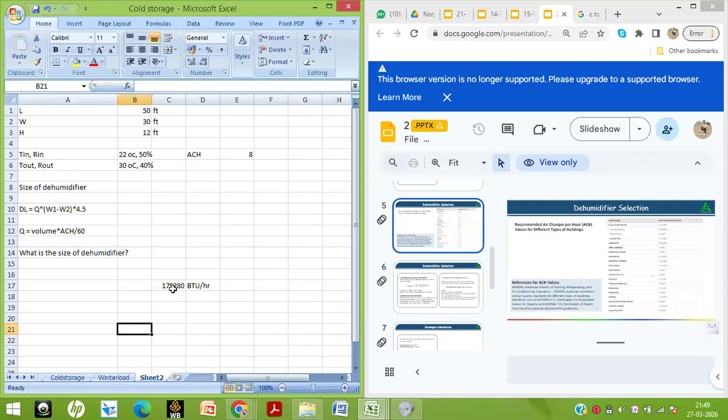First of all, I found the volume. This is 50 into 30 into 12. That is 18,000 cubic feet, right?